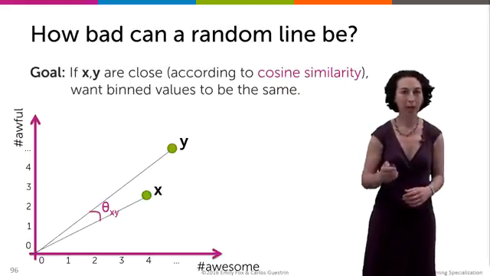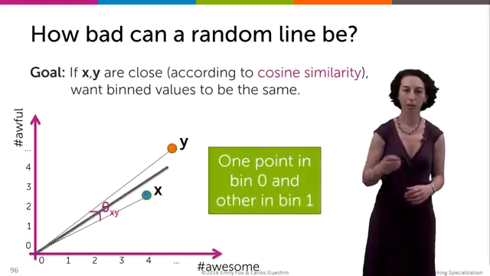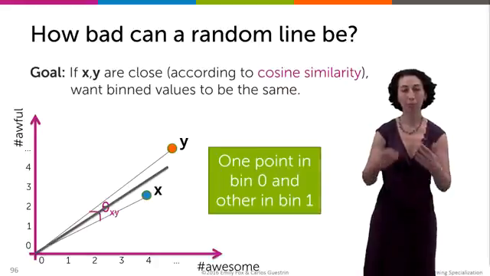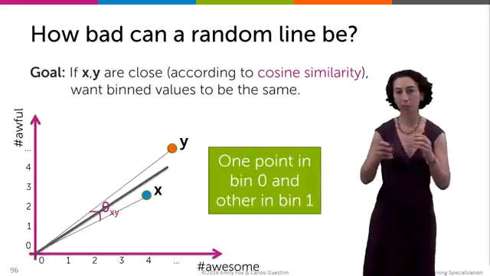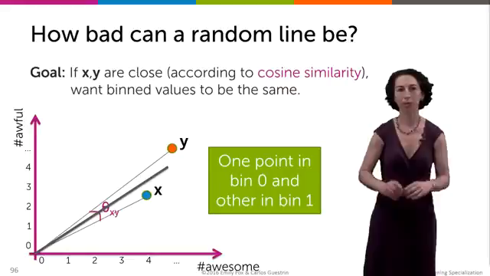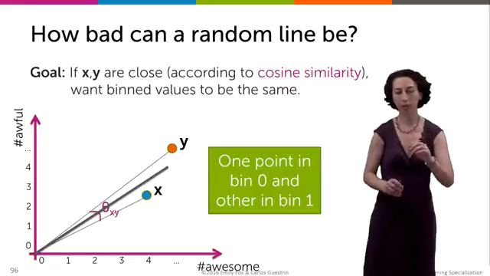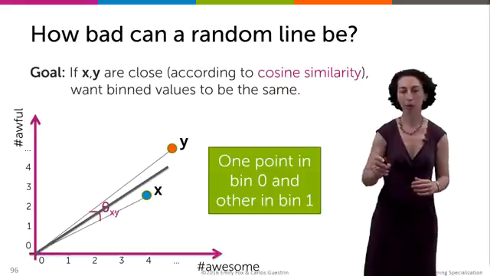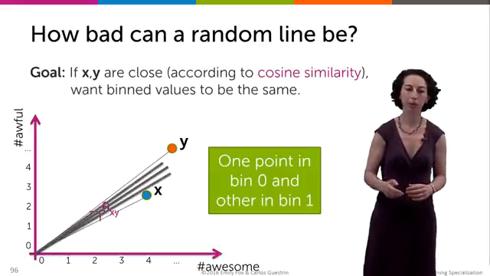But we can make mistakes, of course. Here's one line that separates x and y so that they will be put into different bins, because the y point has a negative score, so that's going to be in bin 0. The x point has a positive score, so it's going to be in bin 1. And here are some other lines that would do the same thing.